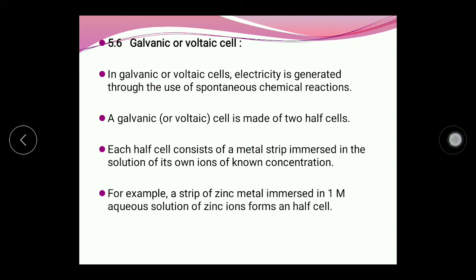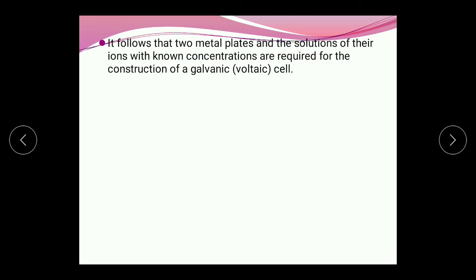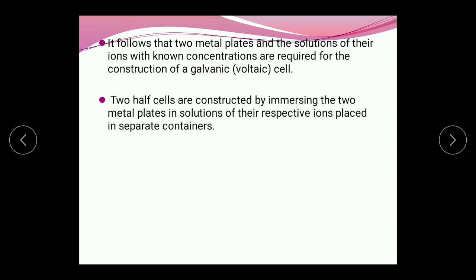Now, next point. It follows that two metal plates and the solutions of their ions with known concentrations are required for the construction of a galvanic cell. Two half cells are constructed by immersing the two metal plates in solutions of their respective ions placed in separate containers. In electrolysis, we have taken only one container because we are going to carry out the electrolysis of one salt only.